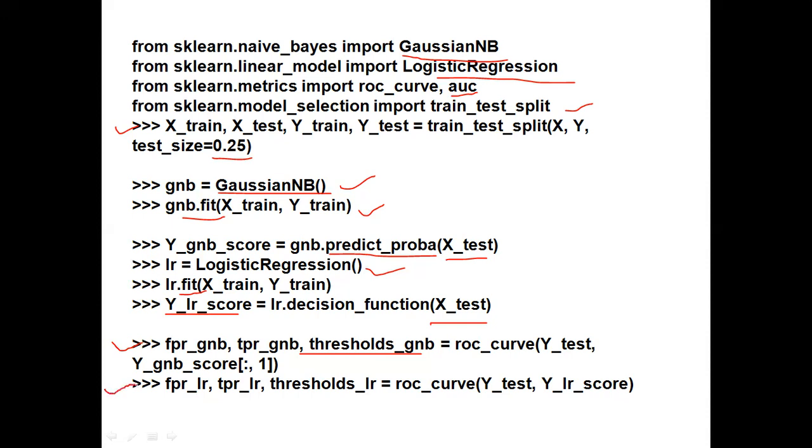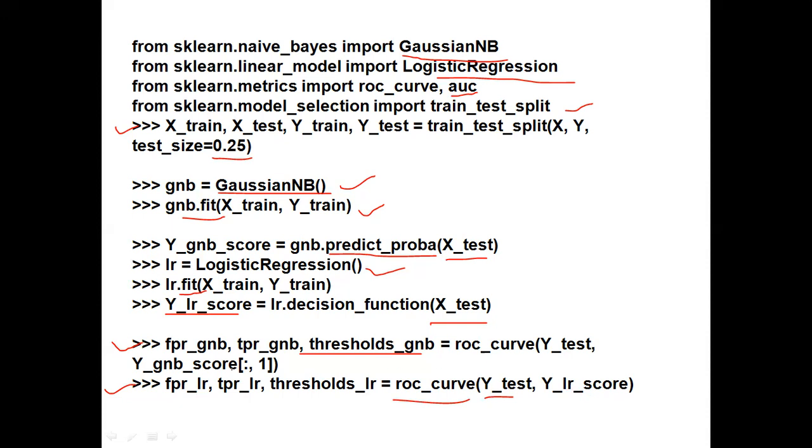This is the statement where we are calculating the false positive rate and true positive rate of the logistic regression. So roc_curve will find these values, where we pass as parameters y_test and y_lr_score, the actual y and the predicted y by the logistic regression model. I hope, students, you are clear with this.